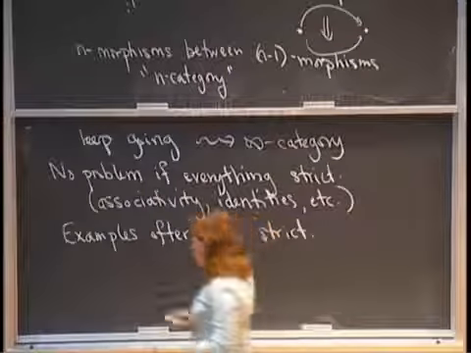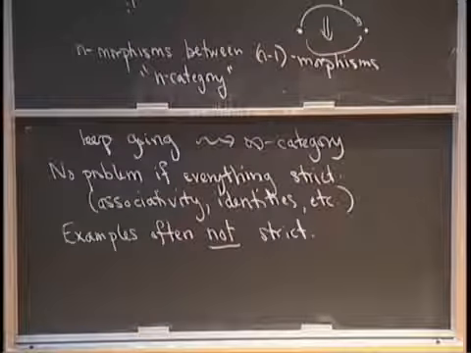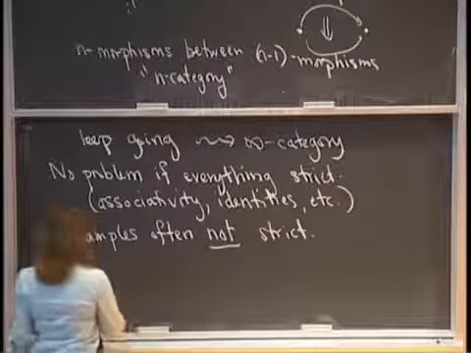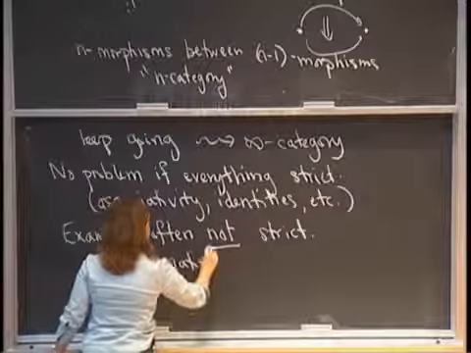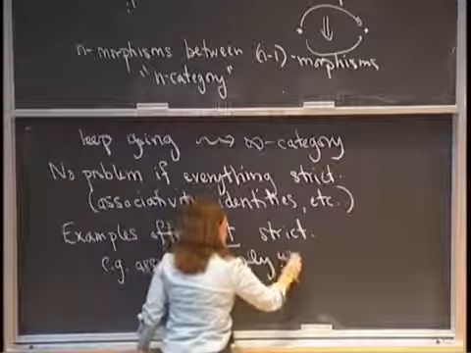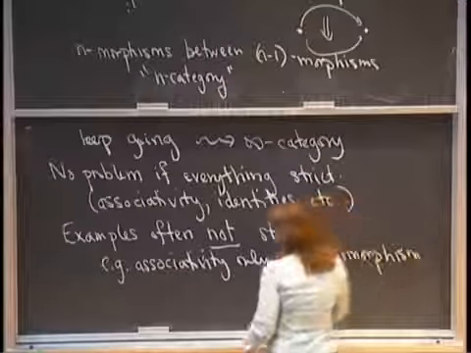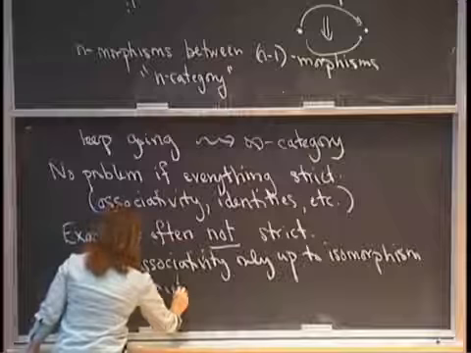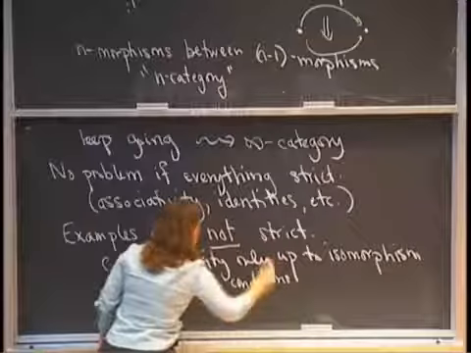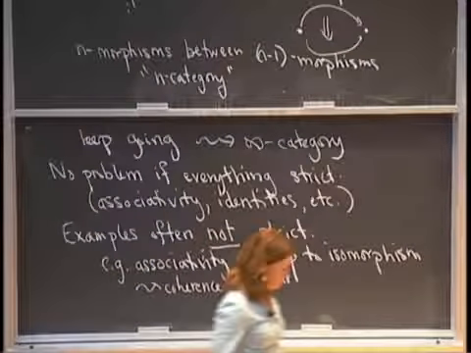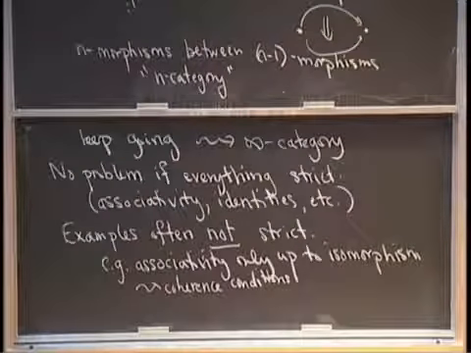So, for example, you might have associativity only holding up to isomorphism, not actually on the nose. You might say, well, that's not so bad, but if these things only hold up to isomorphism, then you need to worry about coherence conditions. So things can get rather messy and really hard to manage very quickly.